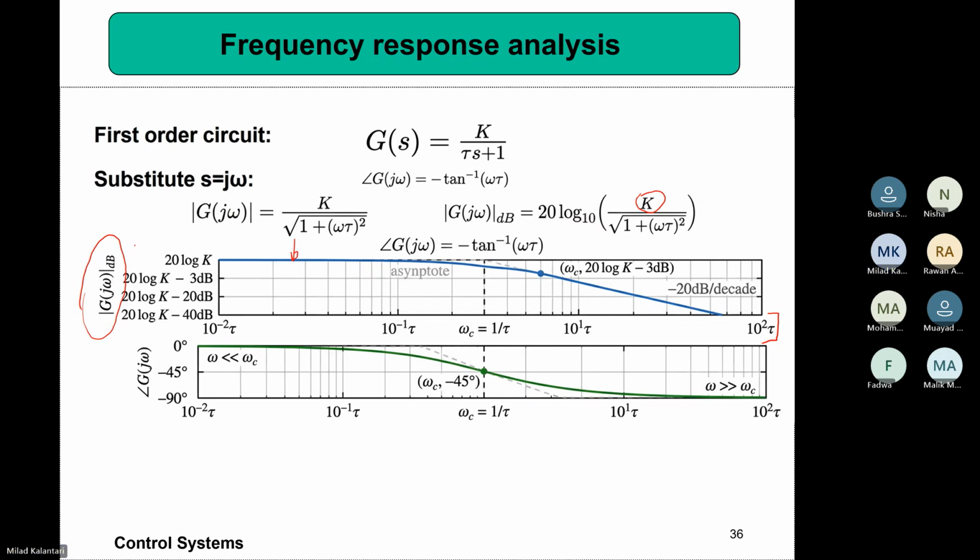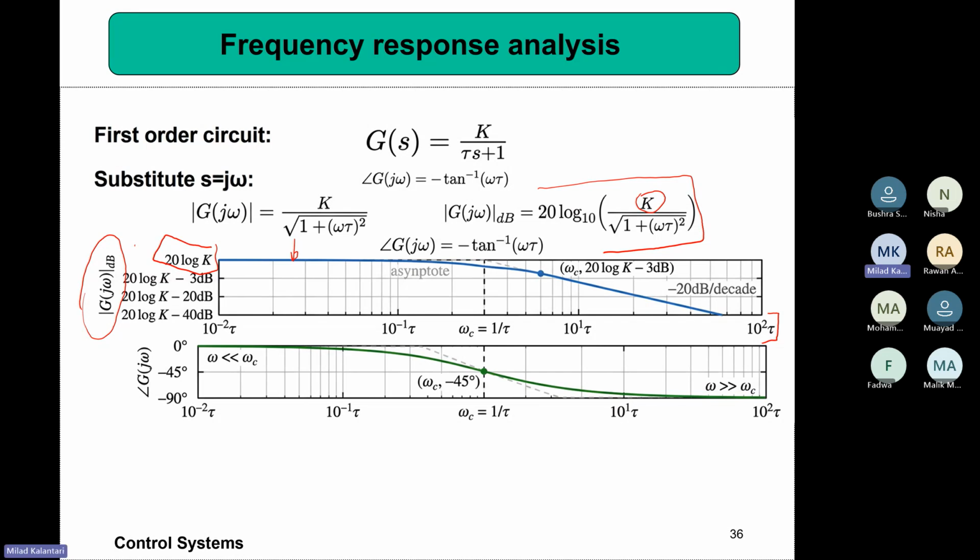So we go through several extreme cases. What will happen when omega is very low, like 0? When omega is very close to 0, what will remain is basically 20 log of k, right? So the initial point is basically 20 log of k when the omega is too low.